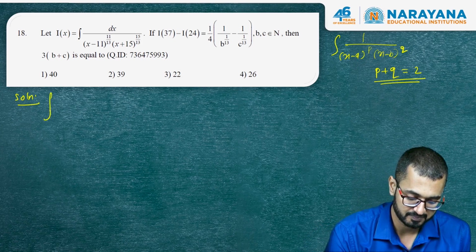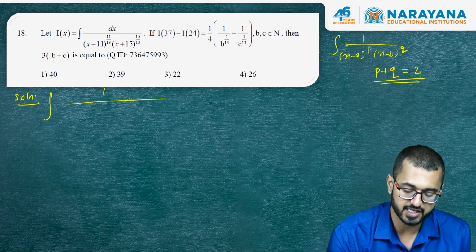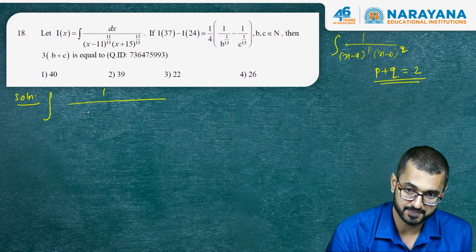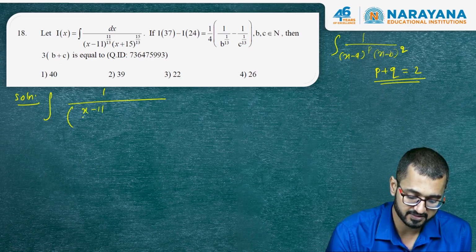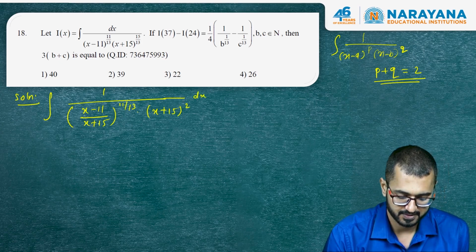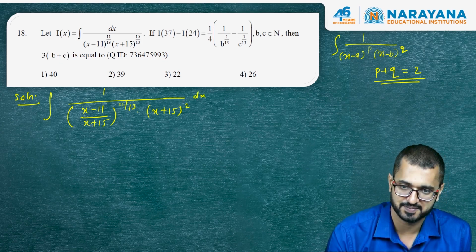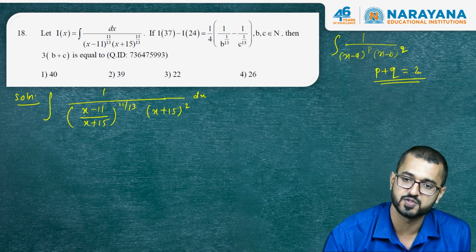So like this means here, if you watch carefully, 11 by 13 plus 15 by 13 gives me 2. So I can write down (x minus 11) over (x plus 15) to the power 11 by 13 into (x plus 15) square. Okay, you see, this is (x plus 15) to the power minus 11 by 13 plus 2. That is balanced now. Okay, just because of this beauty, p plus q is 2.